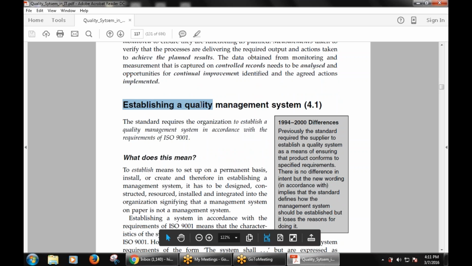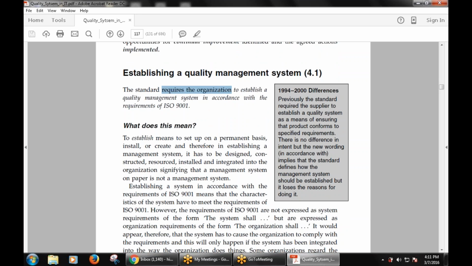Now, how to establish a quality management system, that is 4.1. It requires the organization to establish a quality management system when they use ISO 9001. The ISO 9001 standard is used by organizations for the quality management system. To establish means to set up on a permanent basis, install or create.